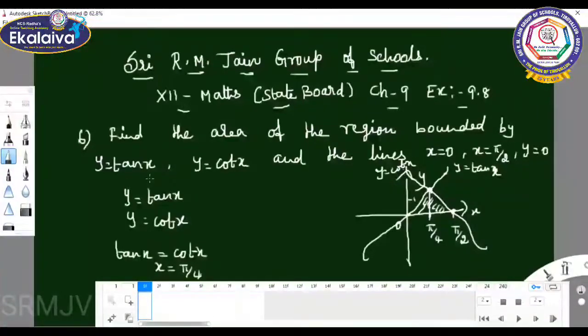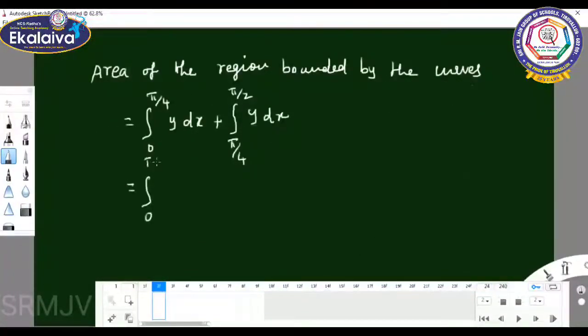So you can write integral 0 to pi by 4 of tan x dx plus integral pi by 4 to pi by 2 of cot x dx.